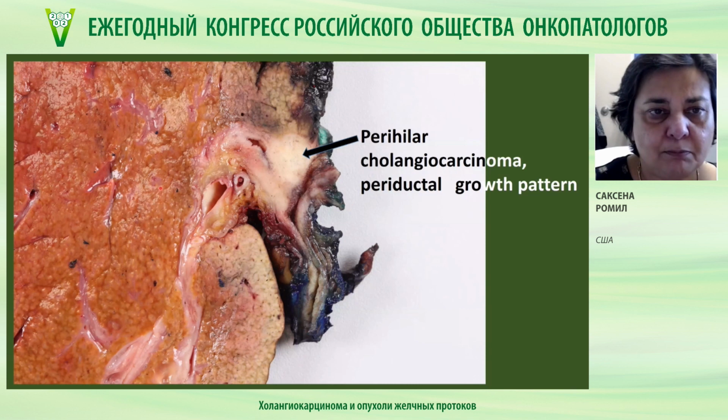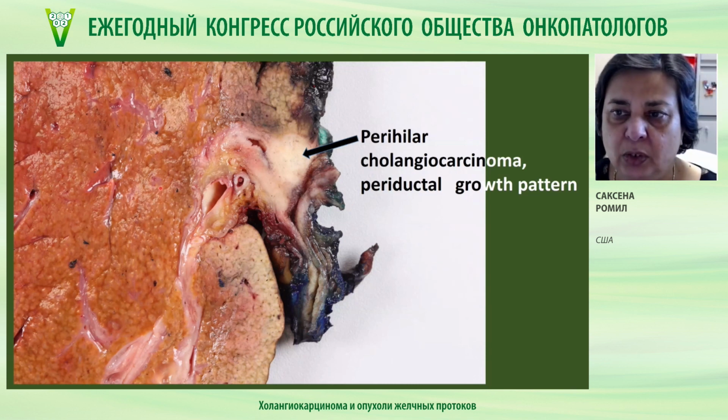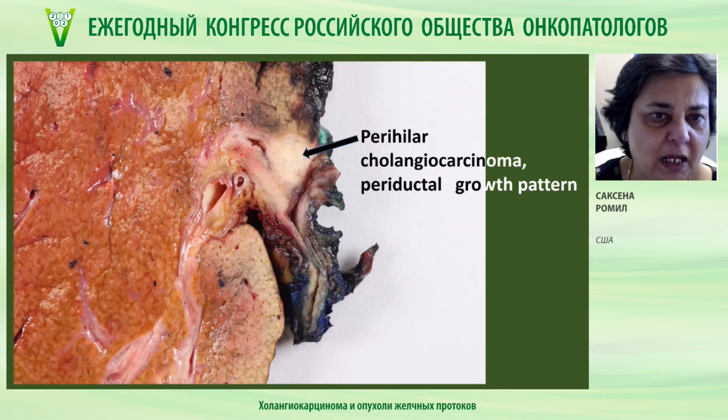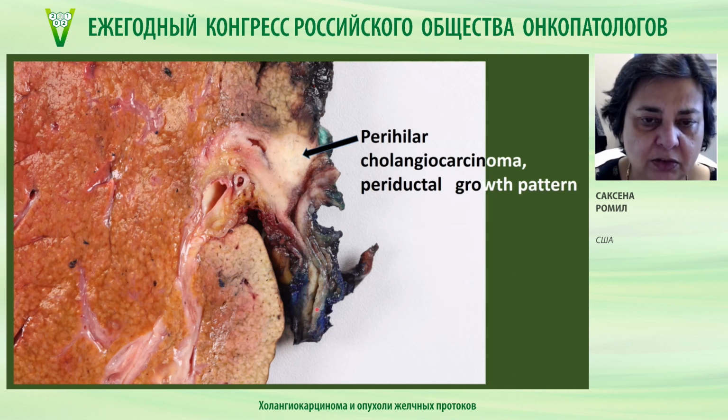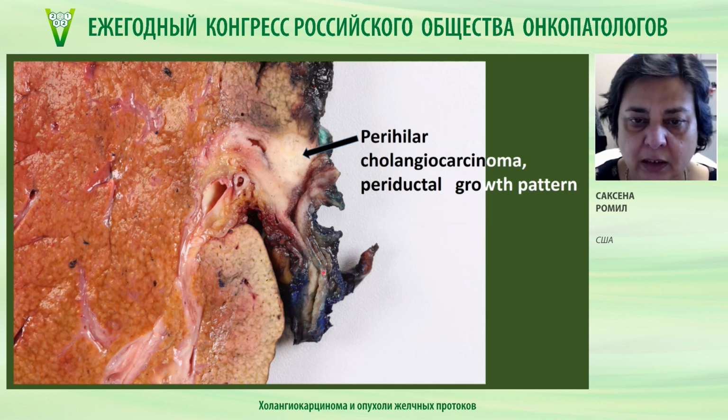This is a different example of a peri-hilar cholangiocarcinoma. And what we have here is these large hilar ducts. So here is the bile duct, and you see that the wall of this bile duct is actually quite thickened. It's thickened over here, and then the tumor, and you see this bile duct goes here as well.